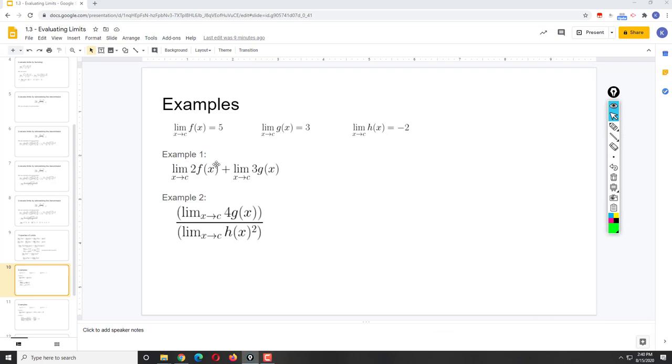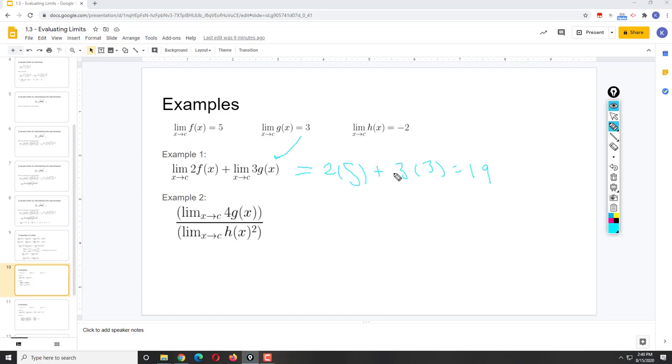Well, the limit of f of x is equal to 5, so the 2 can be pulled out, so it's really 2 times 5. Similarly, we get plus 3 times, this is 3 right here, so we have 19.